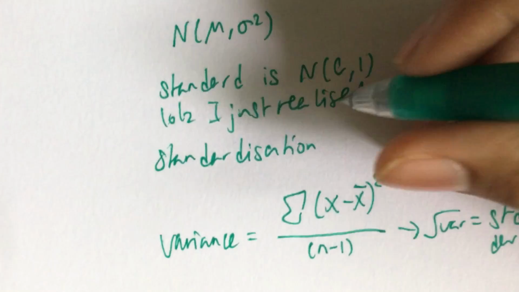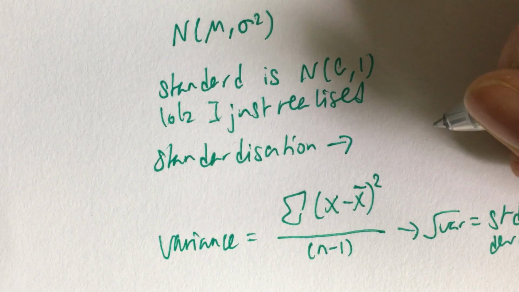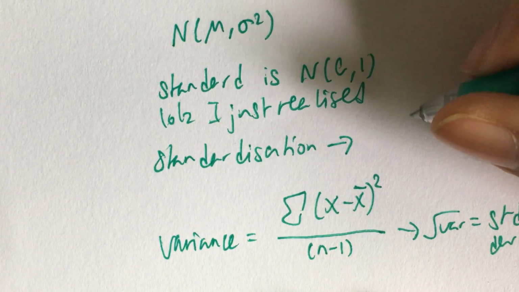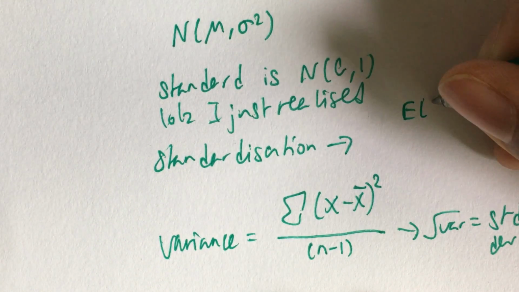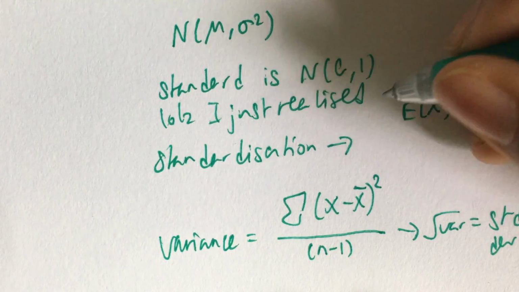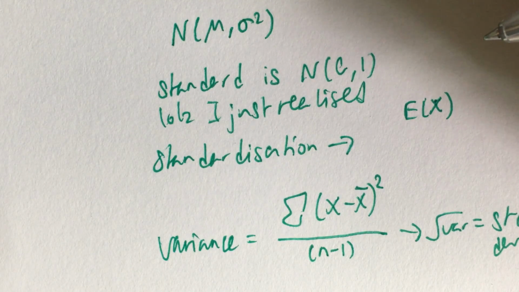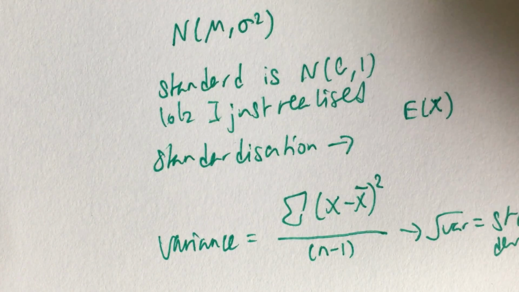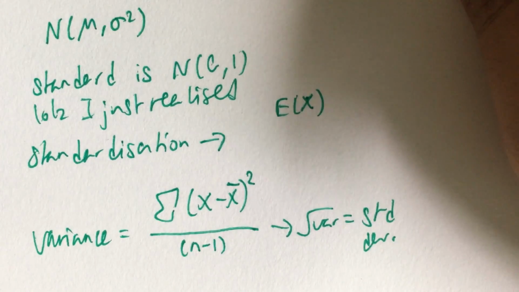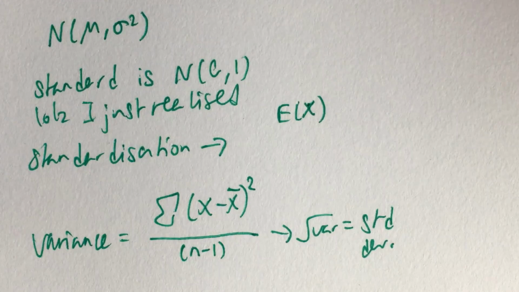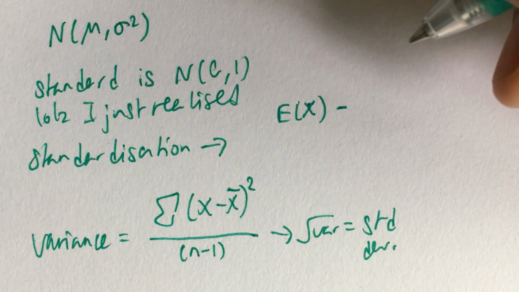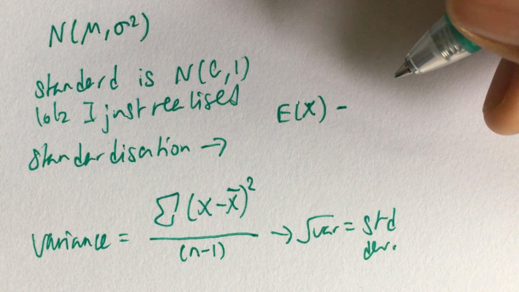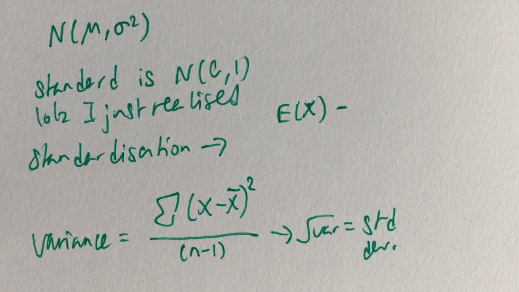But you don't really need to use this formula, because in the question they'll give you something with the E(X) and the E(X squared) or something like that. So what you can do is use the expected value for x squared and the expected value for x. So what does that mean? The expected value for x squared would be, for example, if you had all of the numbers in your data set and you squared everything and then you average that out.